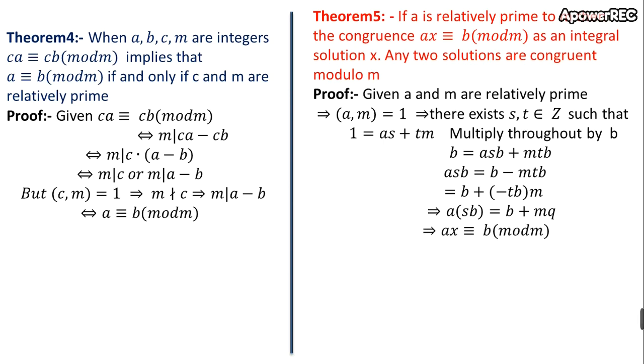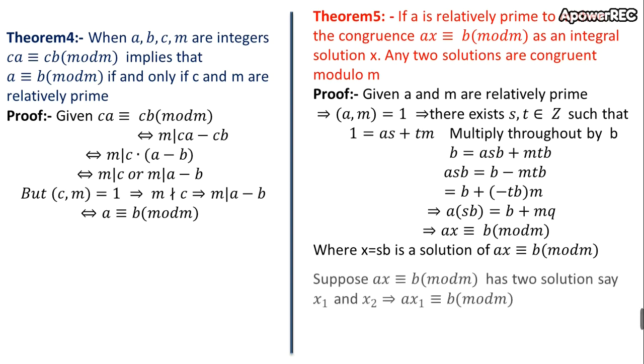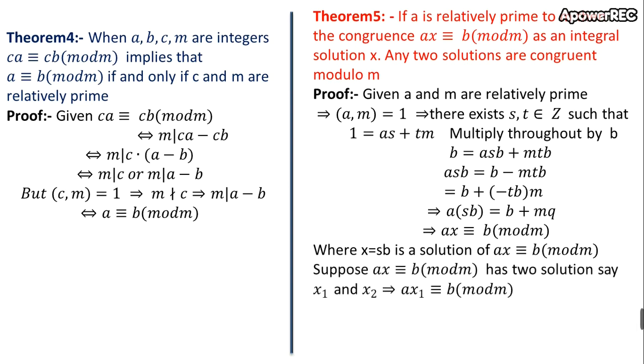Hence, AX is congruent to B modulo M, where X is equal to S into B, is a solution of the linear congruence AX congruent to B modulo M. Suppose AX congruent to B mod M has two solutions, say X1 and X2.